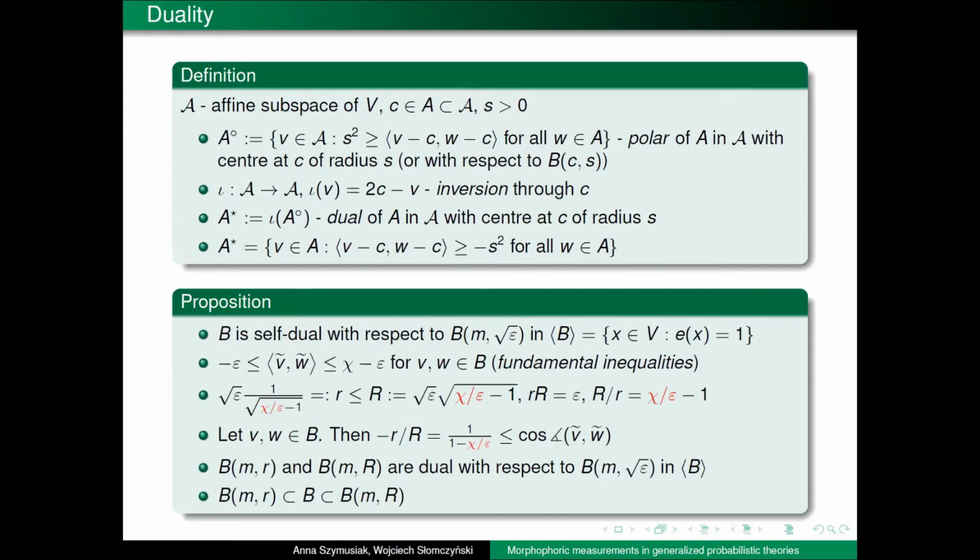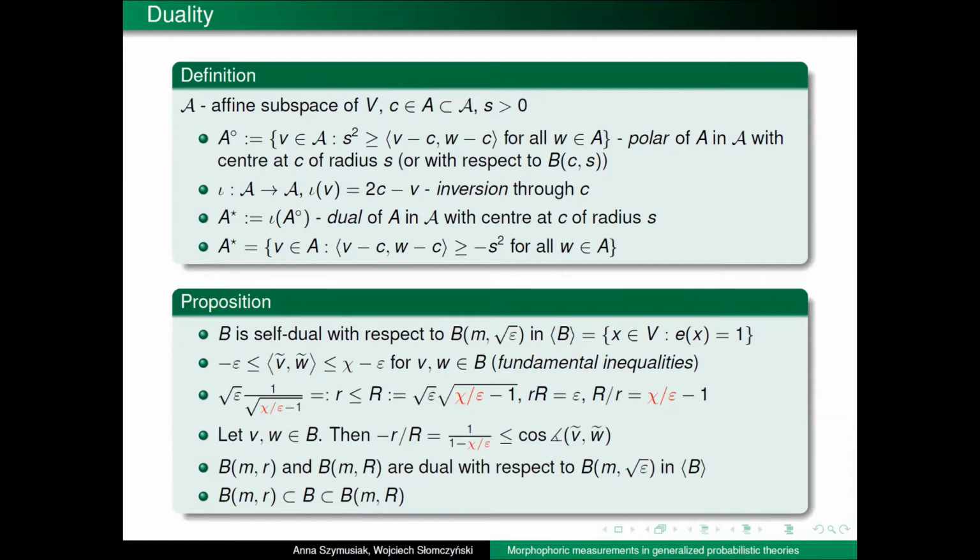To say more about the geometry of the state space, we have to define two notions. The first one is a polar set, a polar operation in an affine subspace of B, with the center at some point C and of some radius S, or it is a polar with respect to some ball.